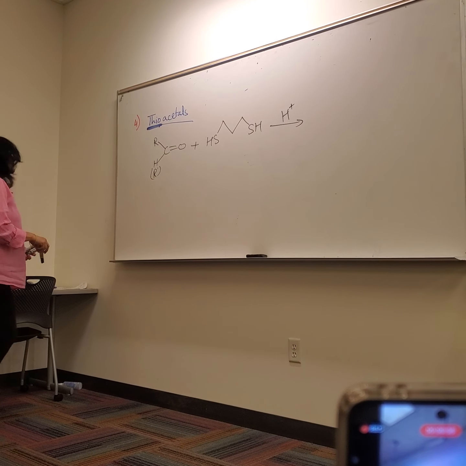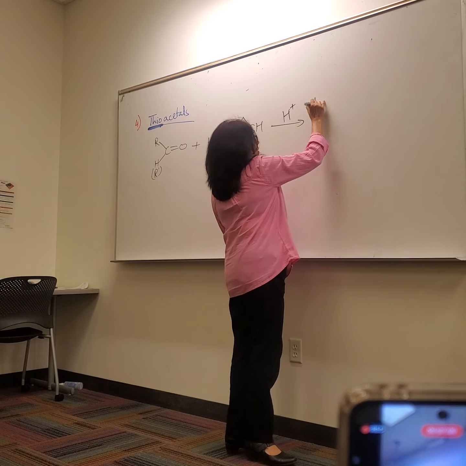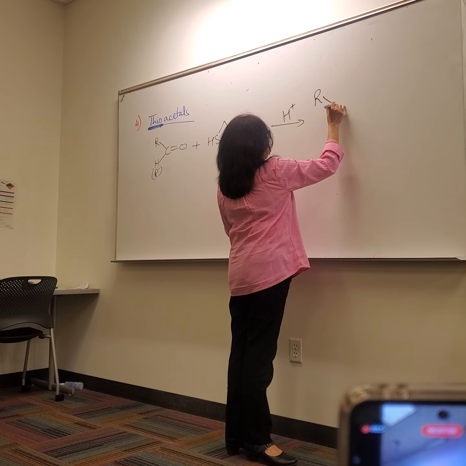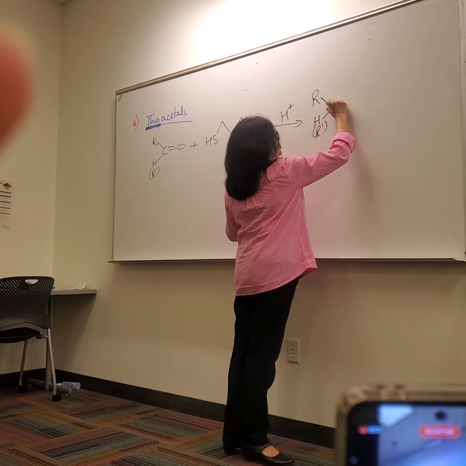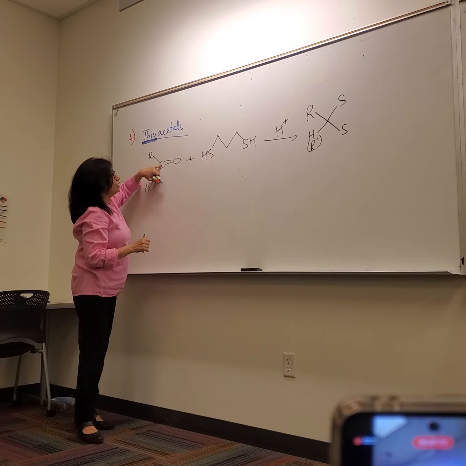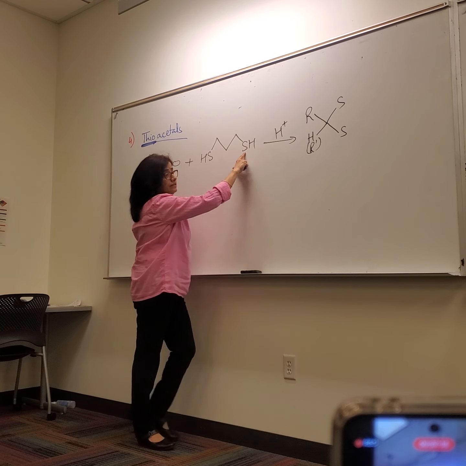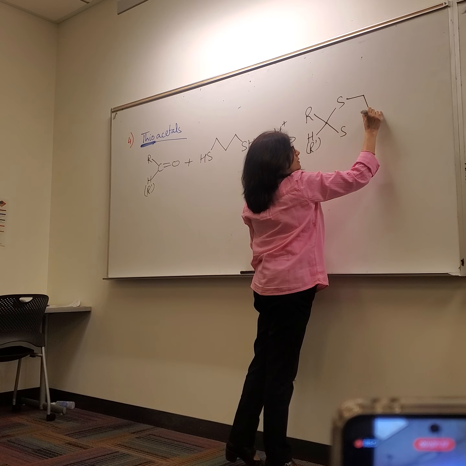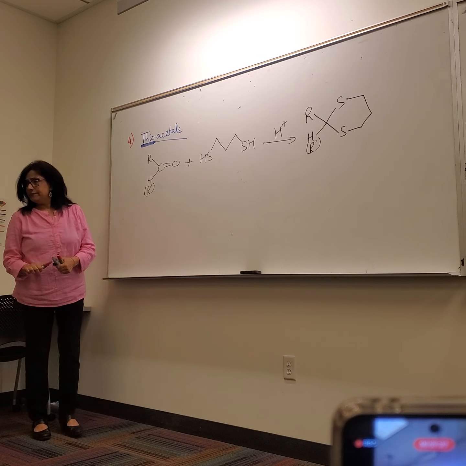Anybody? A thioacetal. In this case, it would be a cyclic one, right? And what size ring would it be? Carbon 1, 2, 3, 4, 5, 6. Six-membered ring. Everybody agrees?